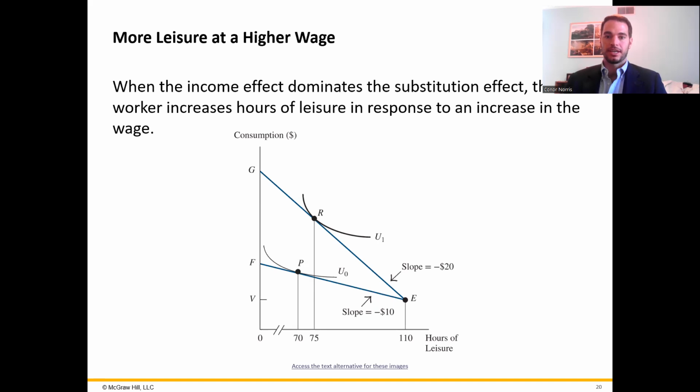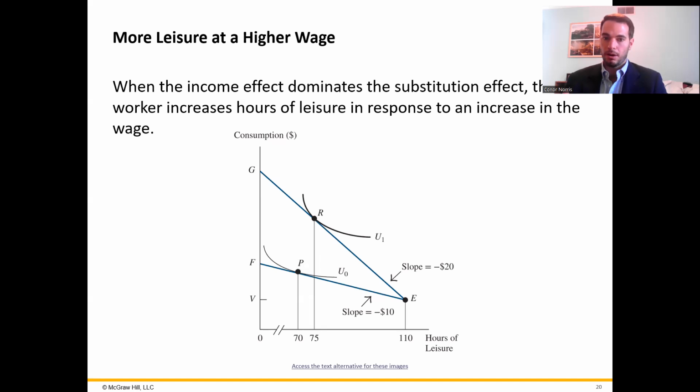The budget line turns like it's on a hinge at the endowment point E to represent the increase in the hourly wage. So now we're on a different, steeper budget line than before. We can reach a newer, better indifference curve, U1, where the worker has even more utility. In this case, we move from point P to point R, which is the new tangent point.